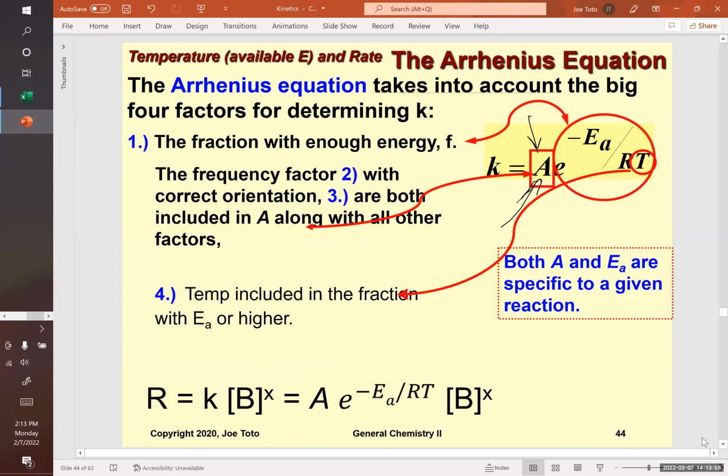And then we have these other parts that Boltzmann helped Arrhenius, along with collision theory, understand their effect on K. So now K, the rate constant, is not constant with temperature. You put in a different temperature, I get a different rate constant. And the rate also changes if the activation barrier changes.